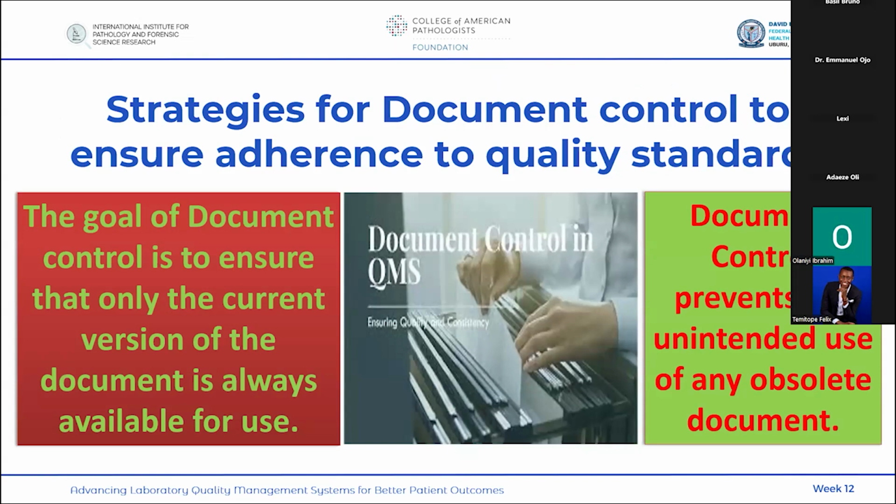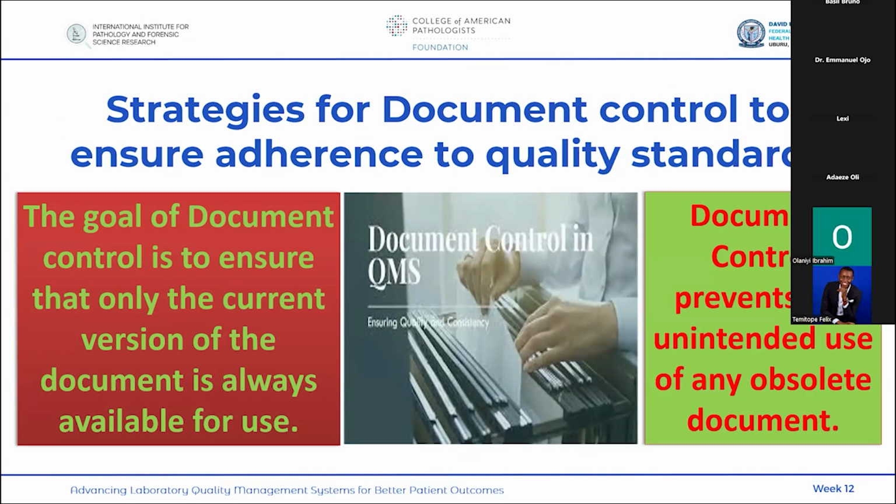So we've talked about documents. Let's look at how to control our documents to ensure adherence to quality standards. So when we say quality, I mean document control. The goal of document control is to ensure that only the current version of the document is always available for use.